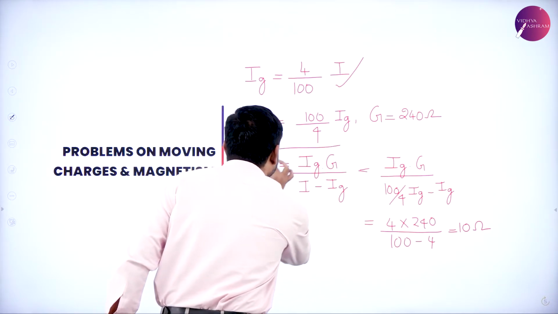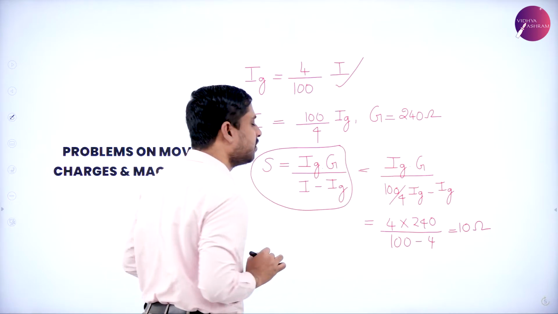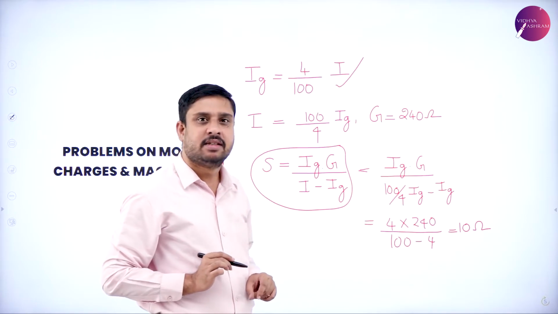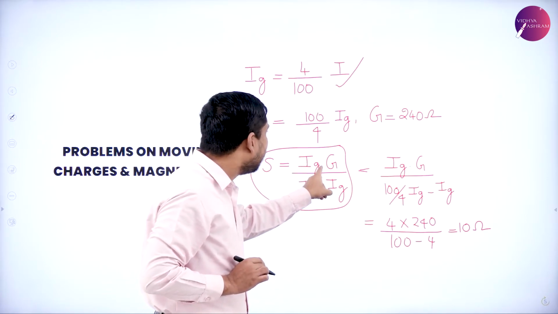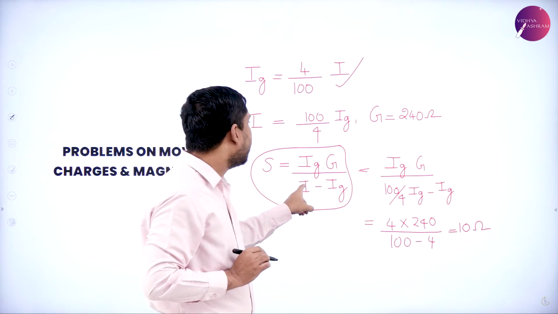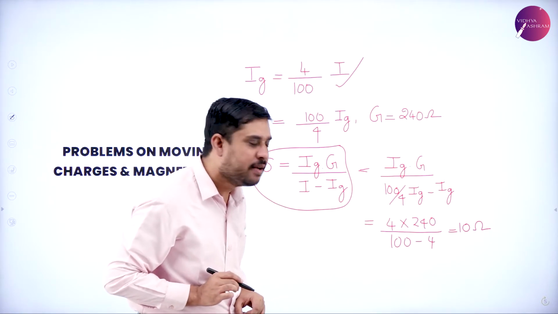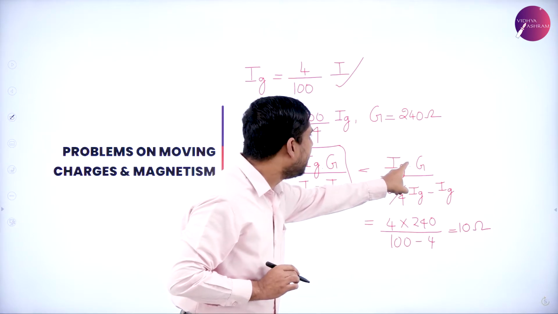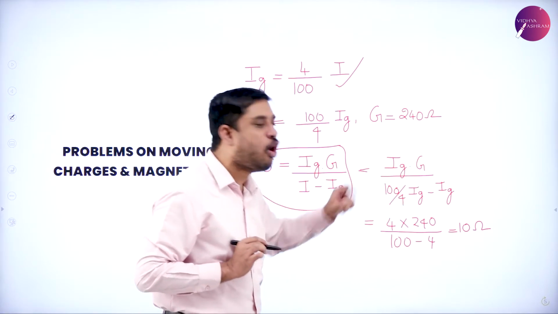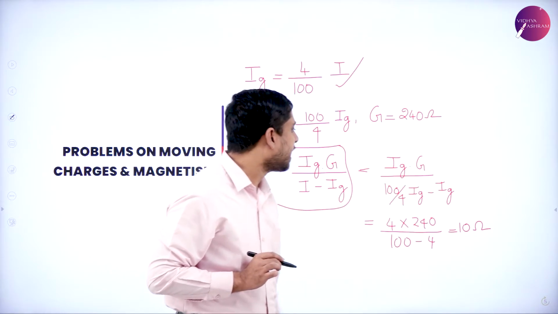We know the expression for shunt resistance. S equals Ig into G divided by I minus Ig. Ig into G, I is 100 by 4 Ig, minus Ig.